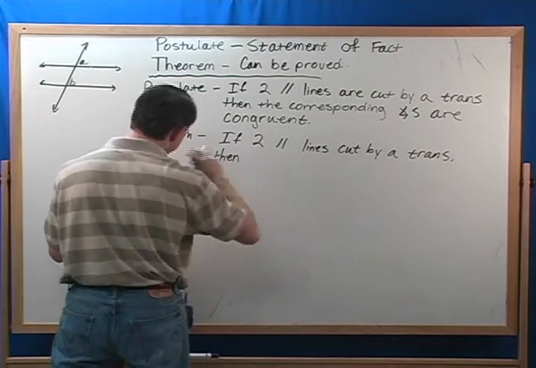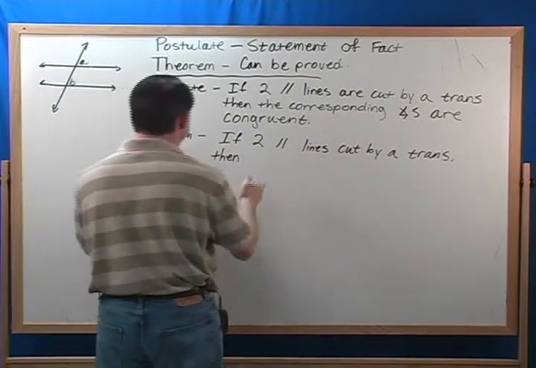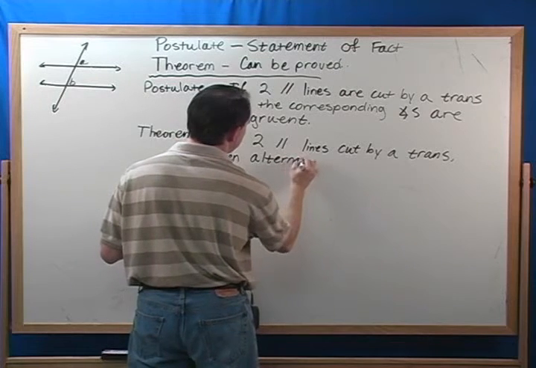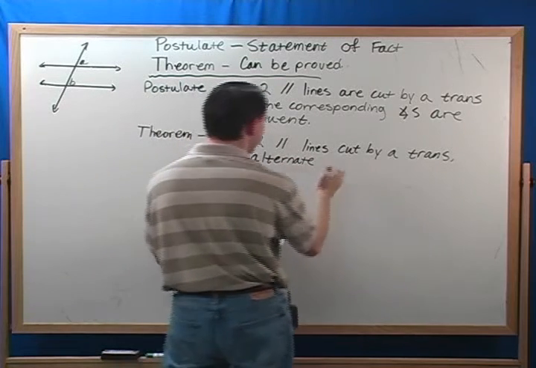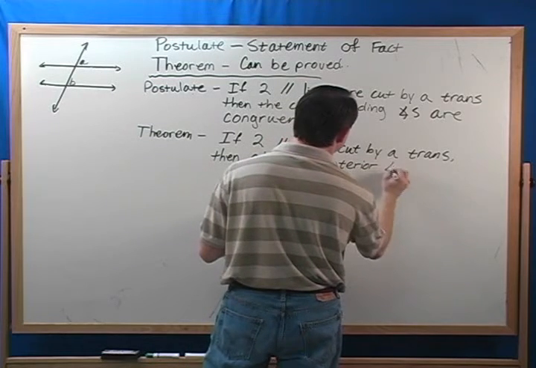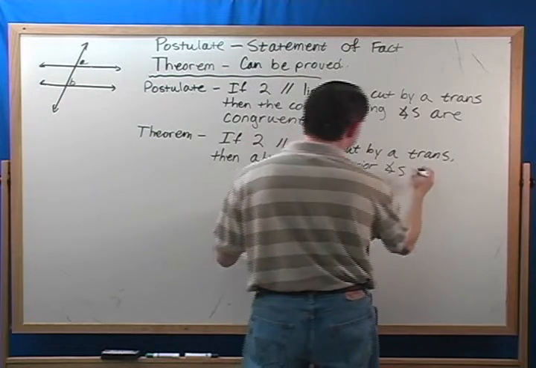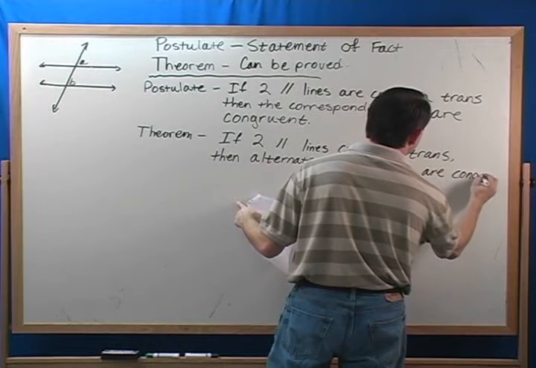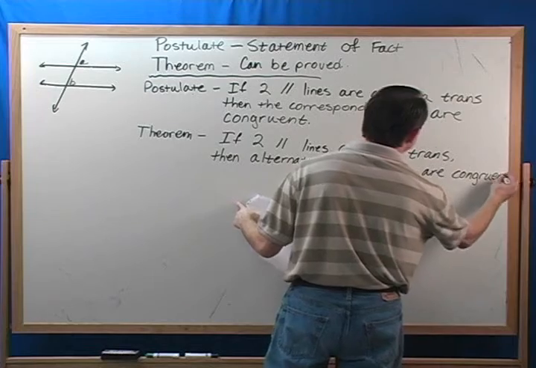This is what you're looking for. Then, whatever follows must be true. Then, alternate interior angles are congruent. Which just means they're equal.